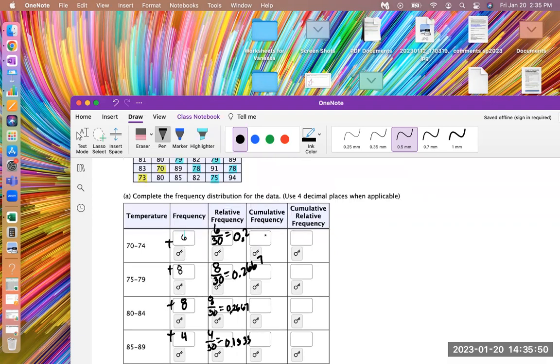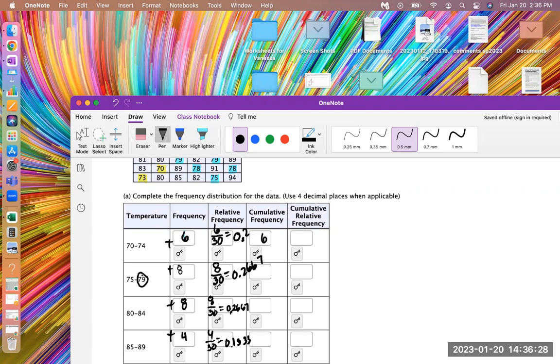Cumulative frequency is everything between 70 and 74 and smaller. There are no observations that were less than 70, so the cumulative frequency for this row is the same as the regular frequency. But then for the next row, a cumulative frequency is the frequency of that row plus all the frequencies in the previous rows of smaller numbers.